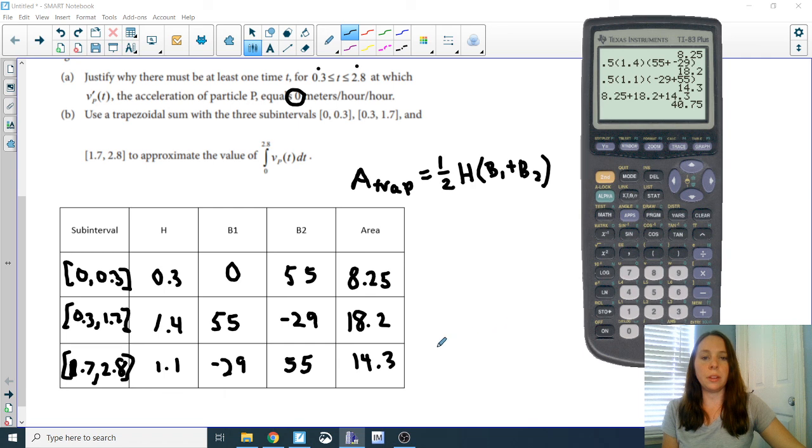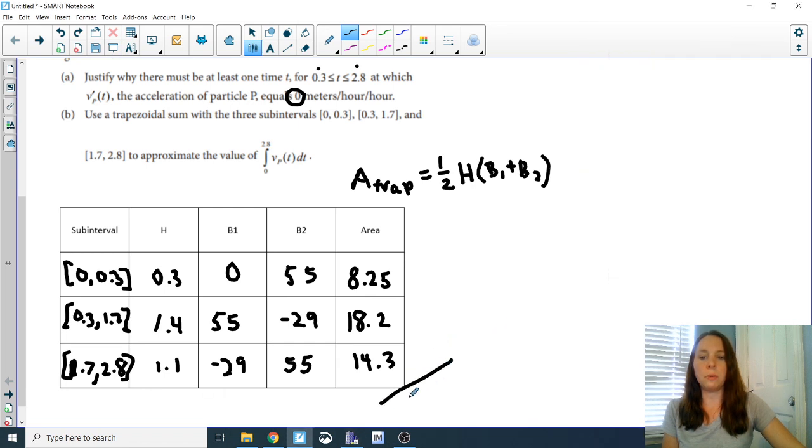And we get the approximate integral value of 40.75. I always write it as trap.